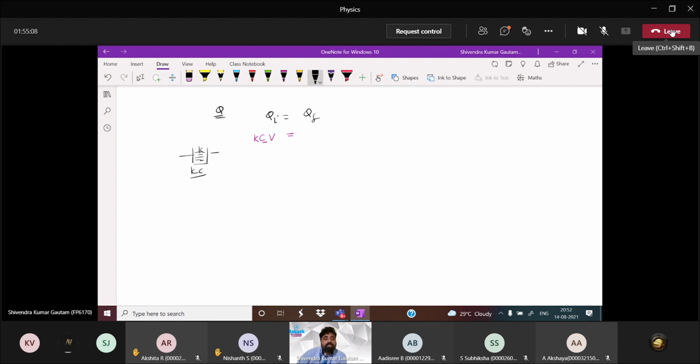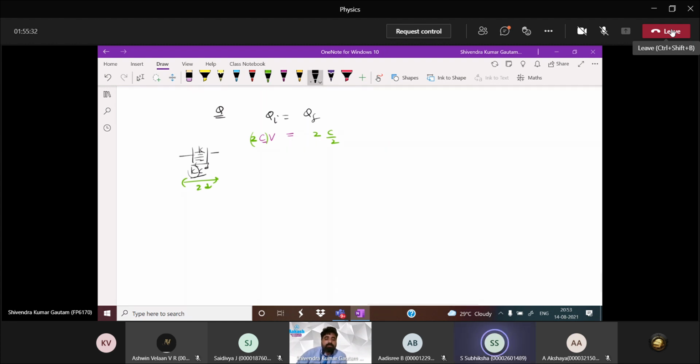Suppose the K value is 2, just for understanding; initially the charge is 2C into V. If the distance is now increased to double, what about the new capacitance? New capacitance will become C by 2 or not?